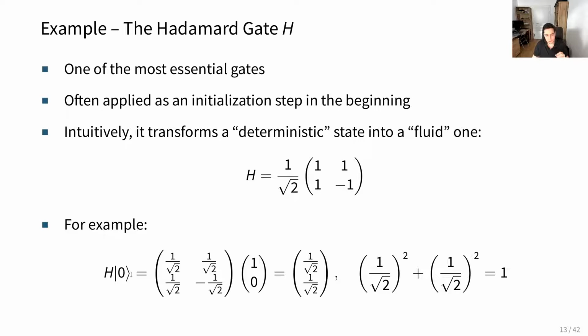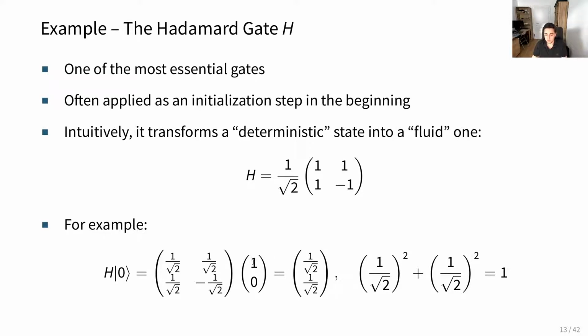And for example, if we apply this Hadamard gate to the zero qubit here, so this qubit which is 0 with a 100% chance, we basically have this operation. So we have the Hadamard gate times this vector here. Again, it's a bit simplified because we ignore the state and only look at probability here. And then the result is this vector of weights, of probabilities. And we can see that previously it wasn't uniformly distributed.